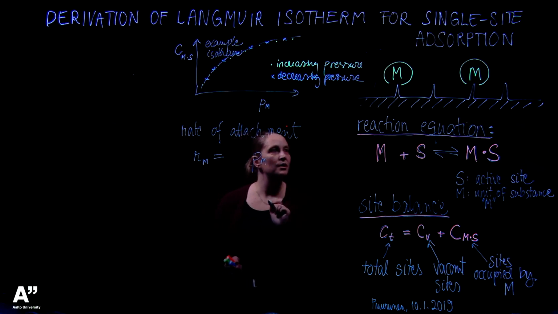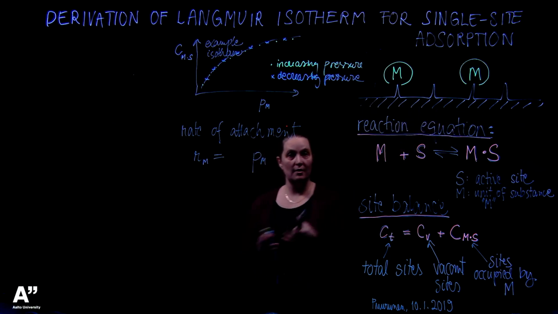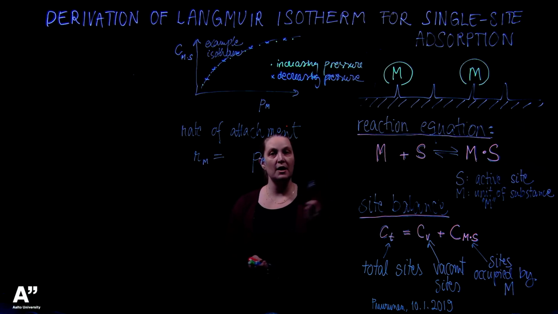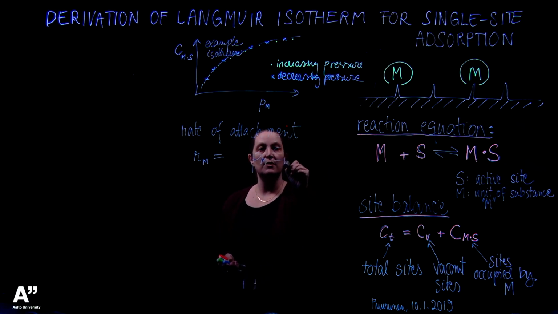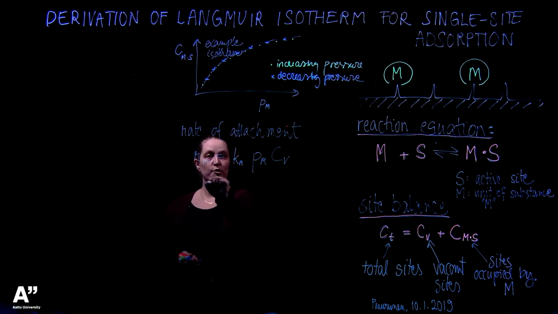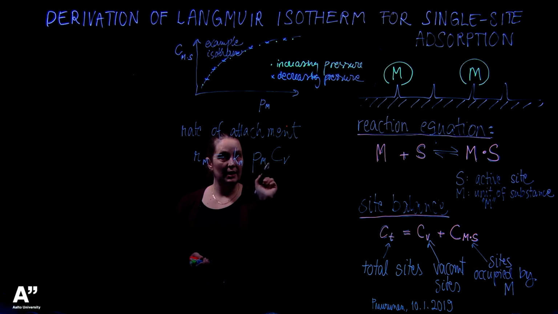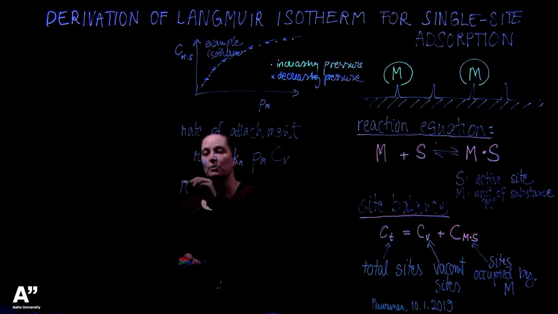Also, the rate of adsorption is proportional to the amount of the other thing reacting, so in this case, vacant sites, C_V. And then there comes a proportionality constant. We call it k_M. This is the reaction rate constant, proportionality constant. So rate of adsorption is a constant times partial pressure of M times concentration of vacant sites. Sounds logical. Rate of detachment for a reversible reaction.